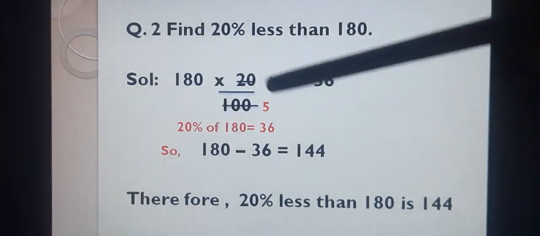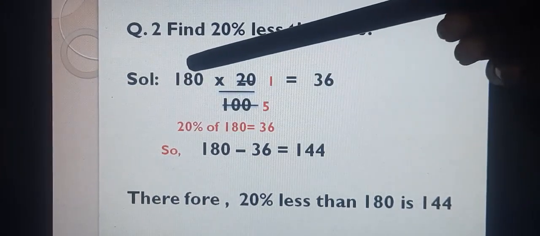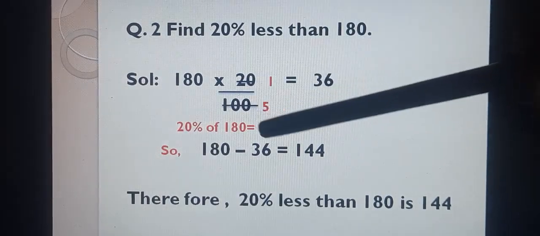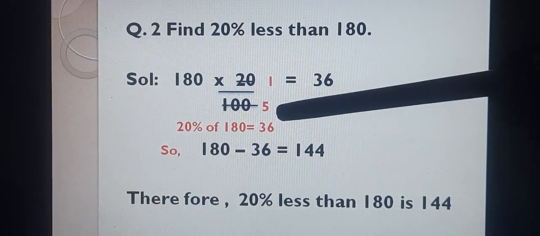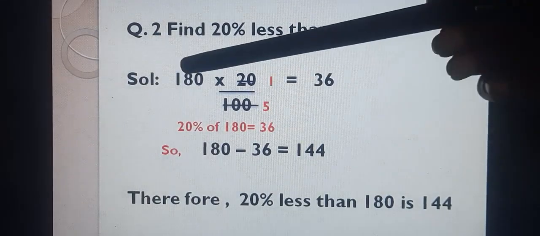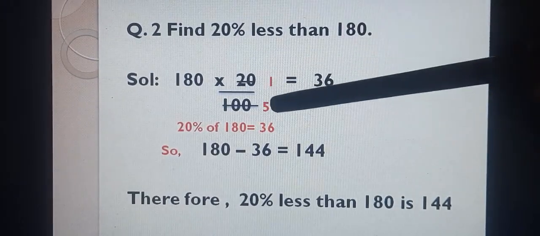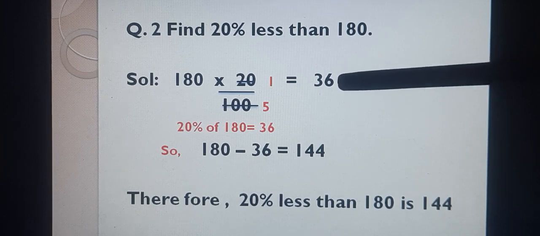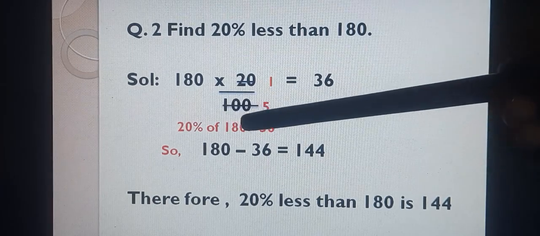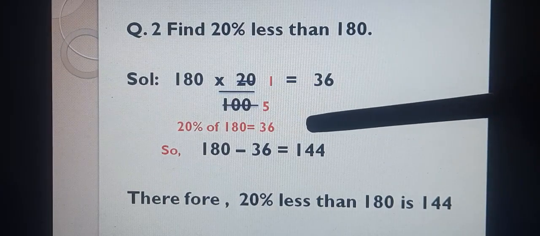Understood? That's why we are solving this first. 180 multiply 20 upon 100. 20 ones are 20, 20 fives are 100. Now here it is 180 upon 5. 180 divided by 5 will give you the answer 36. So 20% of 180 is equal to 36.